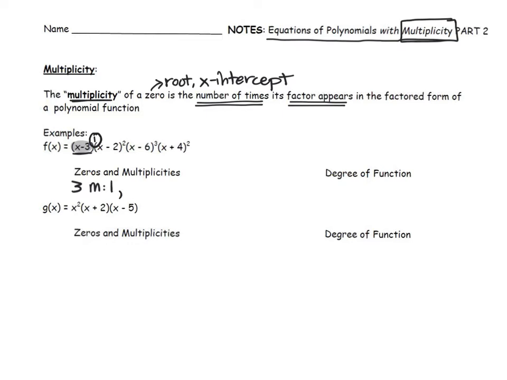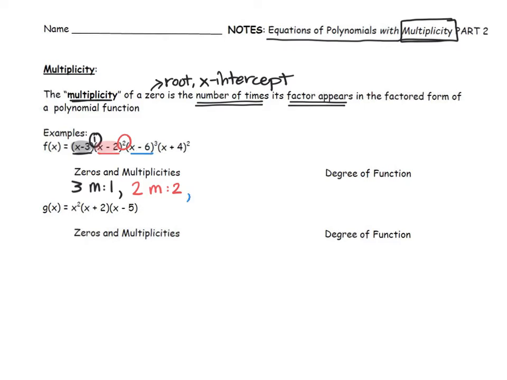Okay, let's look at the next factor, x minus 2. That has a zero of positive 2, and the multiplicity is how many times that factor right here occurs, and it occurs 2 times. It has a multiplicity of 2. Okay, let's look at this factor.